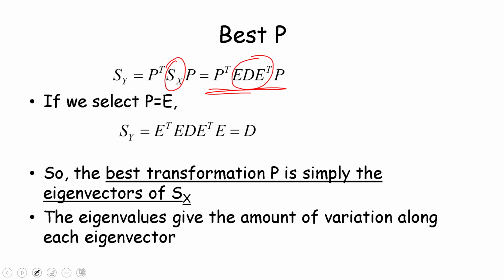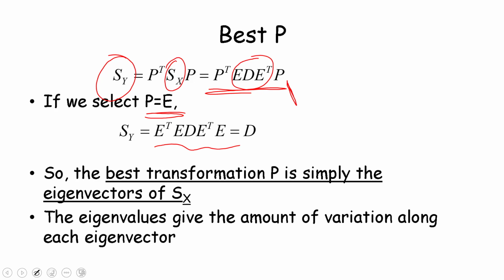Let's repeat our question. How can we carefully select P such that S of Y is a diagonal matrix? Well, let's see what happens if we select P equals E. We should have this.